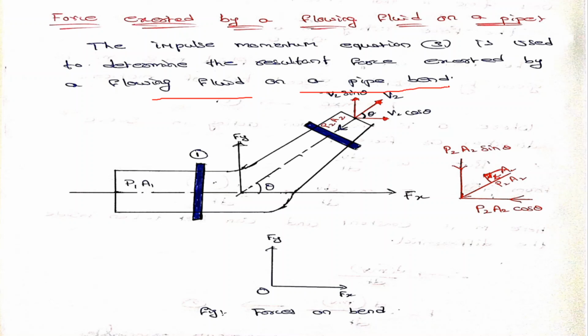Means what he is saying here: if you see here, there is a large pipe, and from here to here the pipe is okay, but exactly in this location what is happening? The pipe is bending like this.